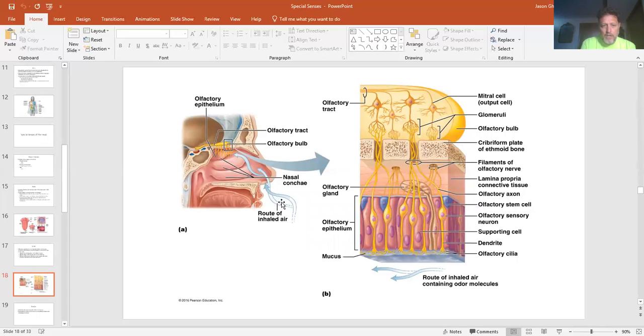As you see, it comes in, then you have the nerve endings hanging down, and that's where it's going to stimulate these neurons, and those send the impulses to the olfactory bulb or tract. This is the olfactory bulb, and it takes that to the brain so that your brain can identify this.